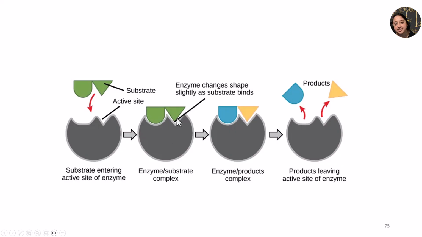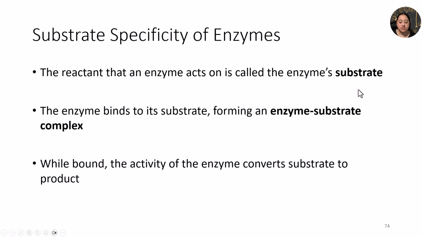So when it binds, this is now an enzyme-substrate complex. And then it can help this reaction happen. Now this reactant can be made into the products. So while bound, that activity of the enzyme converts that substrate into product.